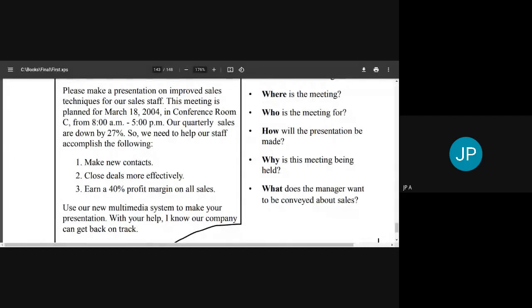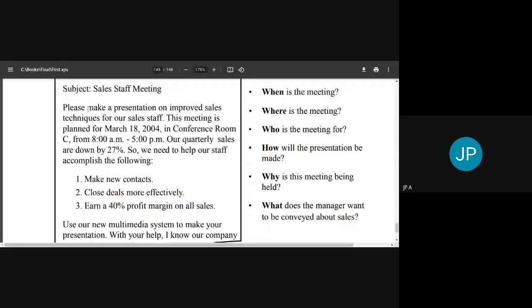How shortly we can do this communication. If it is a meeting, what things should it include: where is the meeting, who is the meeting for, how will the presentation be made, why is this meeting being held and what does the manager want to say. The memo is prepared in a way that answers these questions. So it will be very brief. There may not be a clear introduction and conclusion. Actually there will be an introduction, a body and a conclusion, but they will be very short and brief.